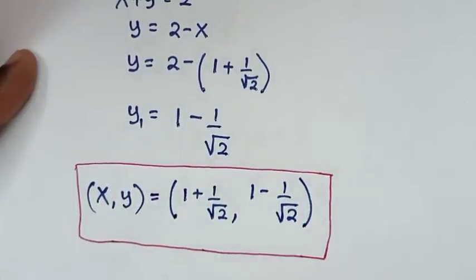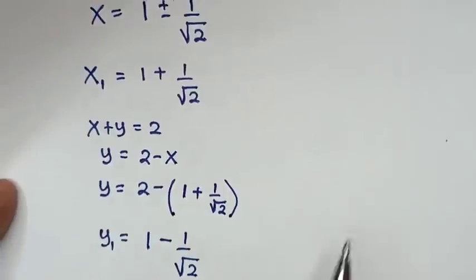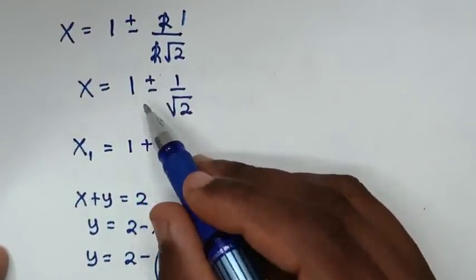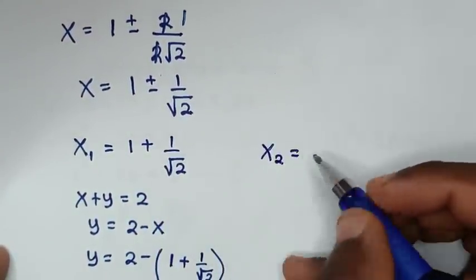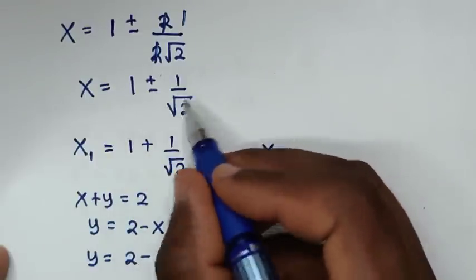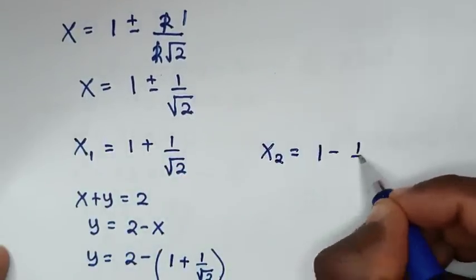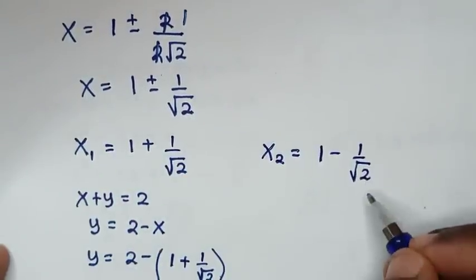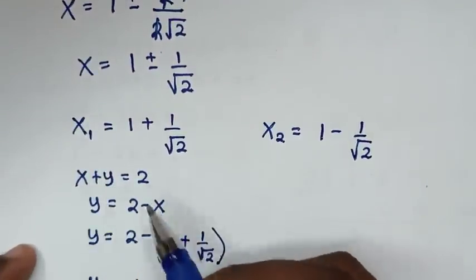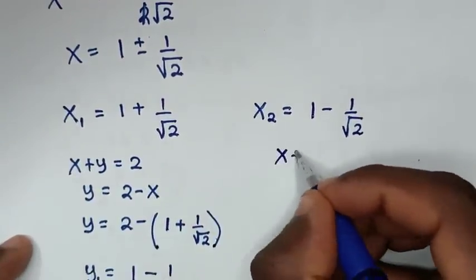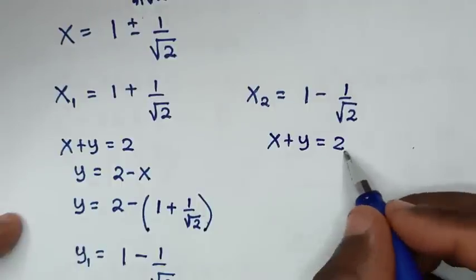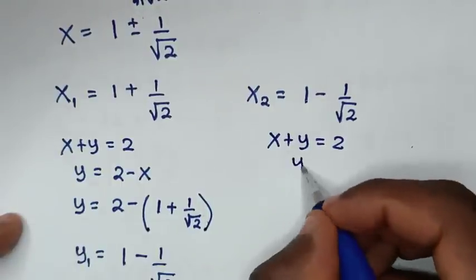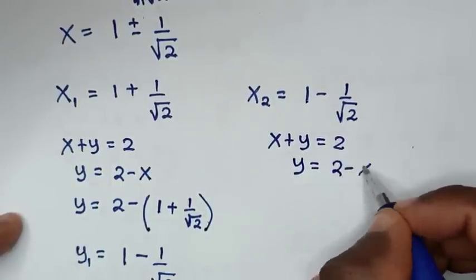And to find the other solution of x, because here we have plus or minus, the second value of x is equal to 1 minus 1 over square root of 2. Then from x plus y equals 2, to find the value of y, we take x to the right side, so y is equal to 2 minus x.